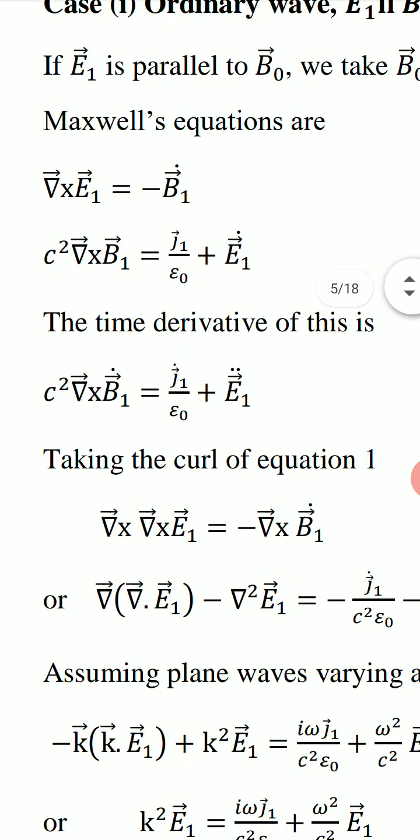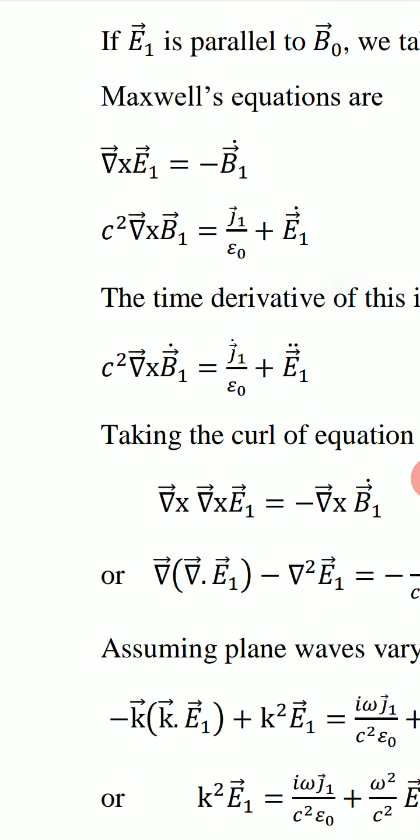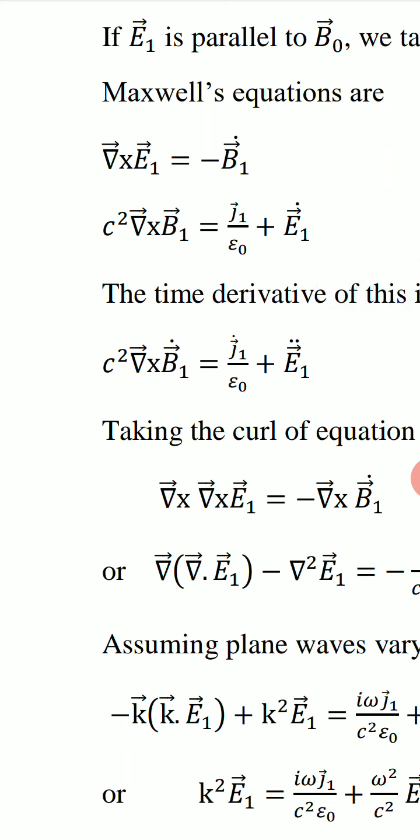Then we write Maxwell's third and fourth equations for curl E and curl B. Curl E means del cross E, and Maxwell's third equation is del cross E equal to minus delta B upon delta T.